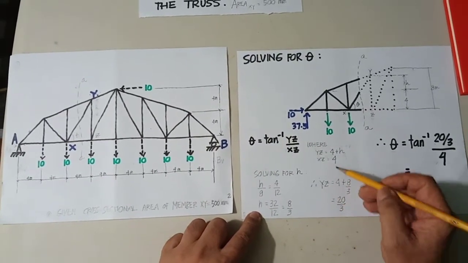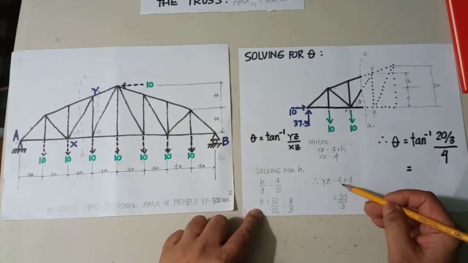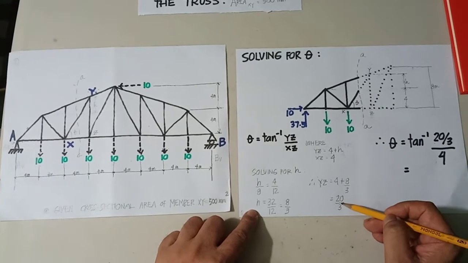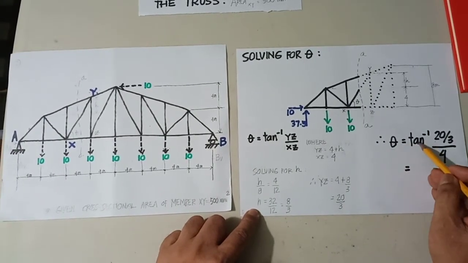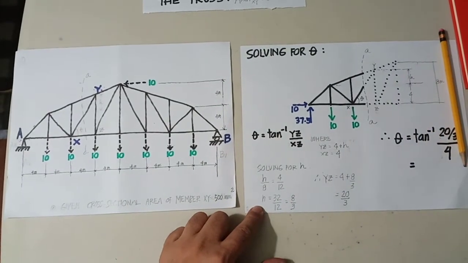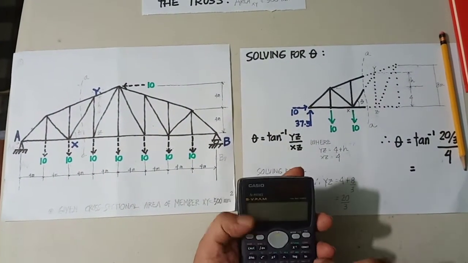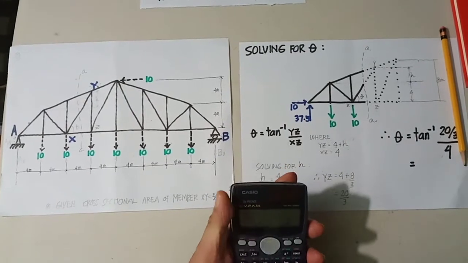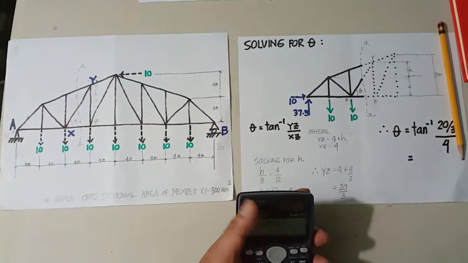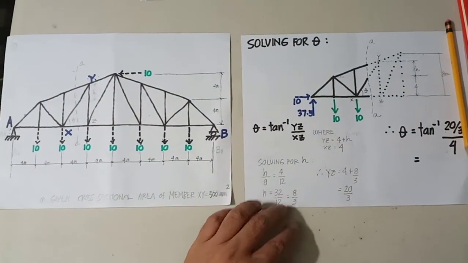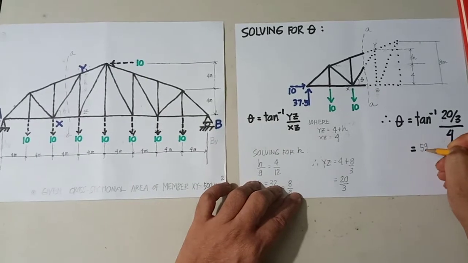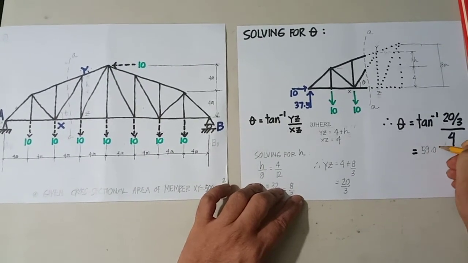So since H is 8/3, YZ would be 4 plus 8/3, giving you 20/3. Therefore, inverse tangent of (20/3) divided by 4 would be equivalent to 59.04 degrees.